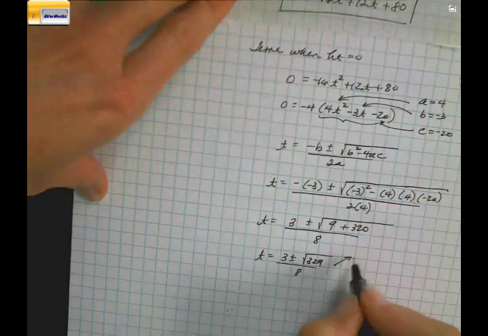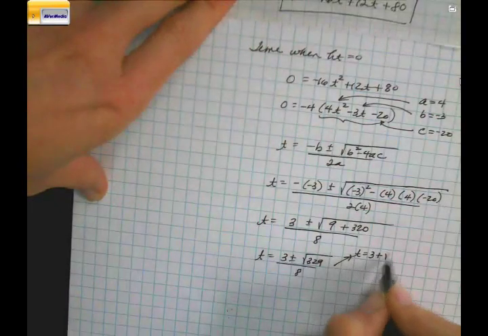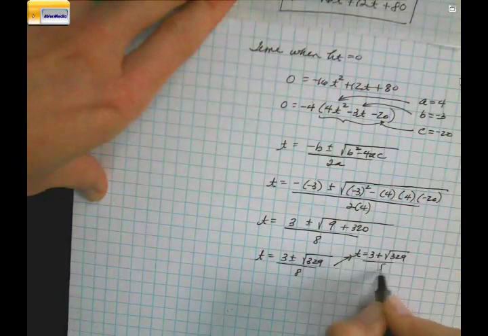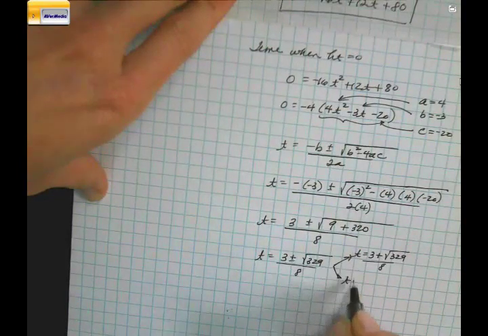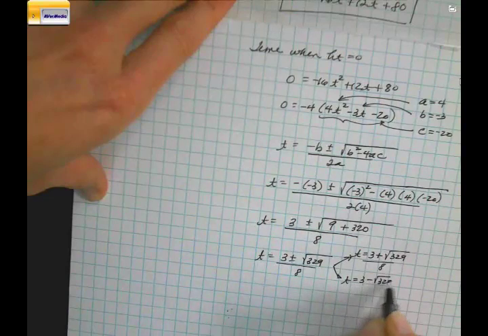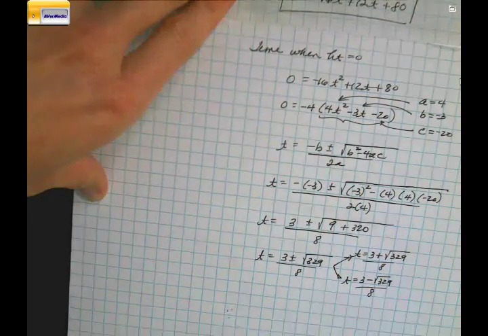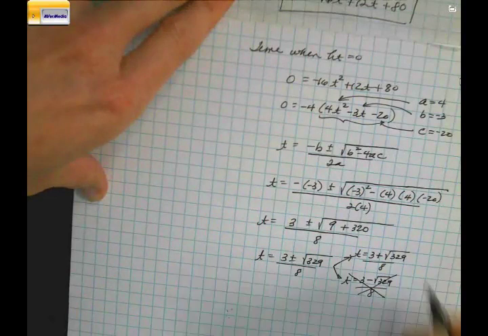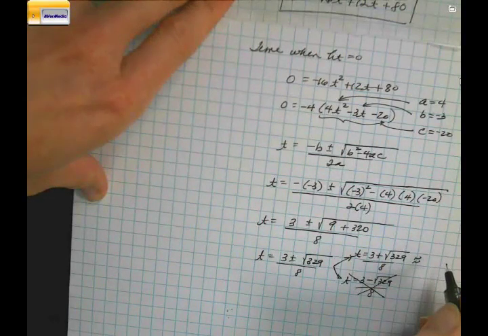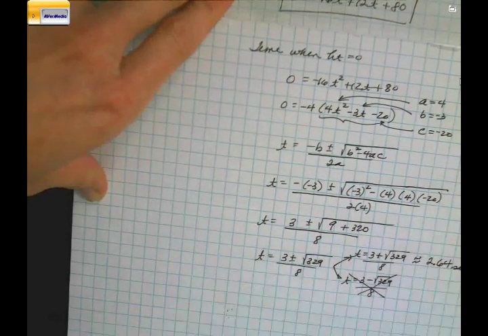So if you do the positive version of the radical, what do you get? I think that if you put the negative version, that's a negative number, right? Big time. This isn't going to work. So what do y'all get here? Less than 3 seconds? Is that what y'all get? 2.64 seconds for that package to hit the ground.